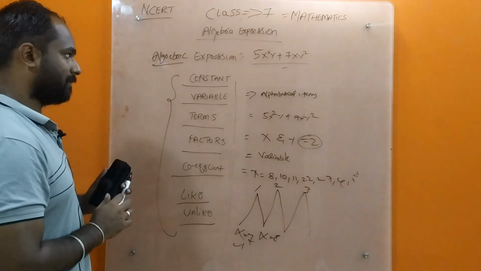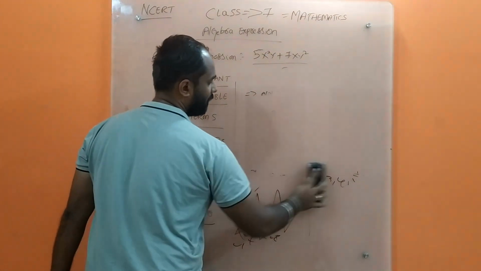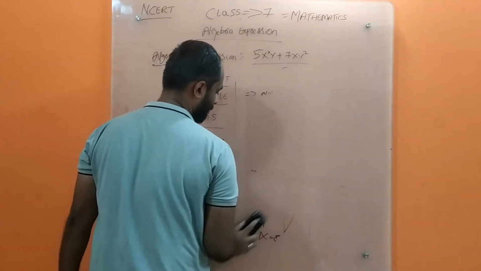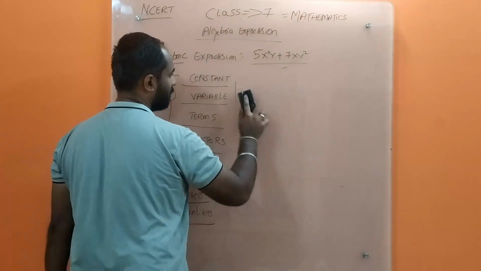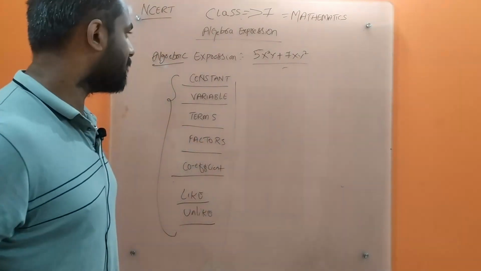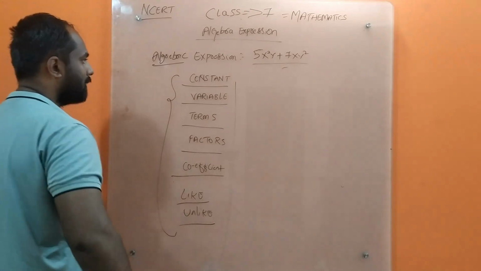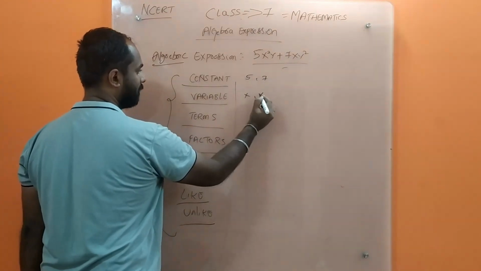That is called a variable. Without understanding the concept, you can't understand equations or any calculations, so understanding the concept is very, very important. So in this, 5 and 7 are constants, and x and y are variables.